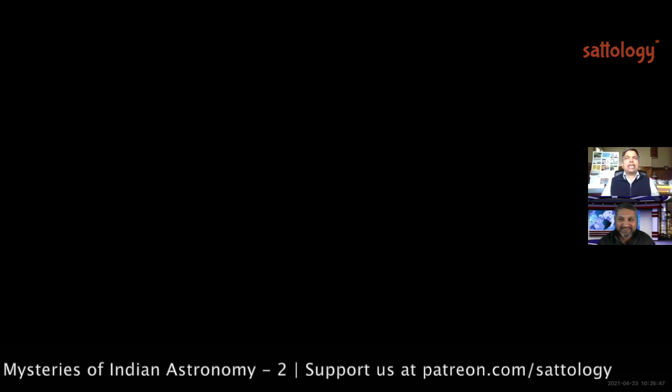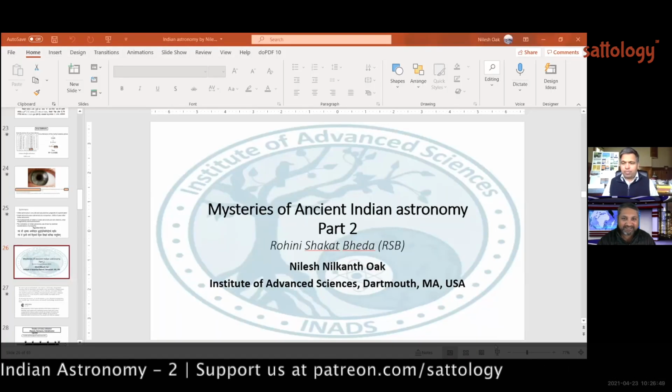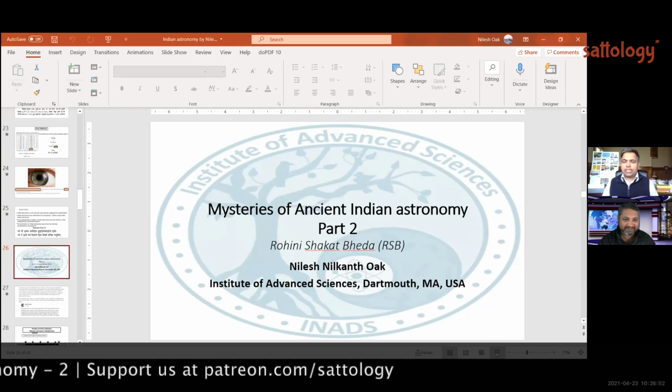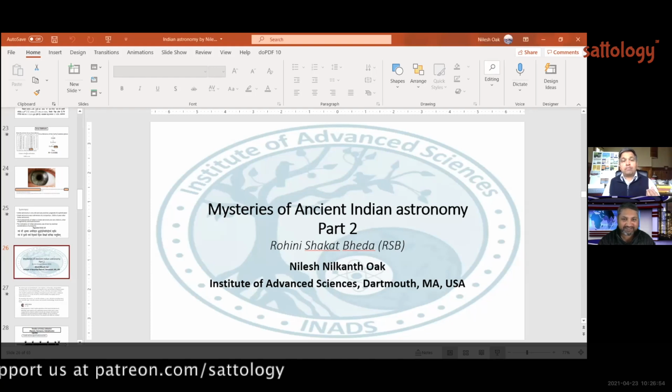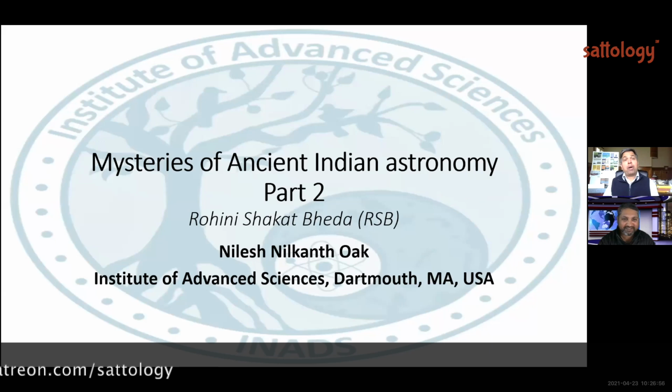Anyway, Nileshji, let's start with today's topic, which I think is something extraordinary you're going to share again. Yes. Just for the sake of continuity, so that people can relate to it, we may call this Mysteries of Ancient Indian Astronomy, Part 2.